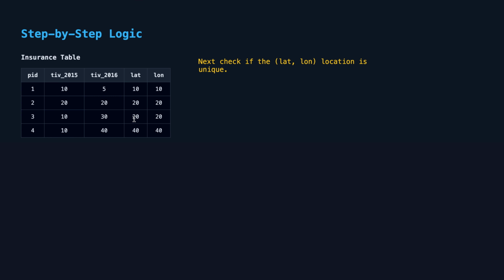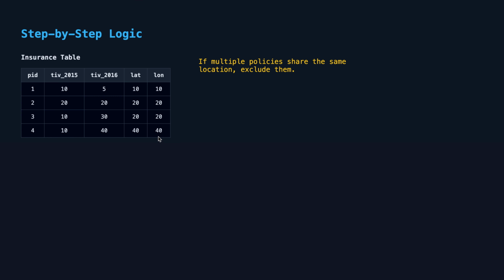Therefore, those locations are not unique, and this means row 3 must be excluded, even though it had a valid TIV 2015, which we saw earlier. Now we check the remaining rows. Row 1, the location is 10, 10 and it appears only once, and row 4, the location is 40, 40 and that also appears only once. So both these rows satisfy the unique location condition.